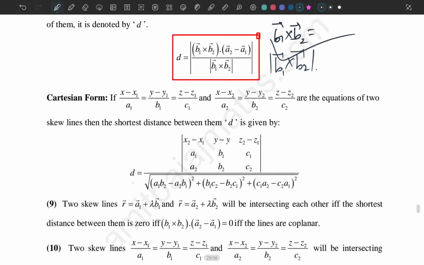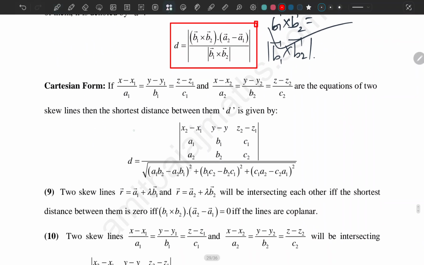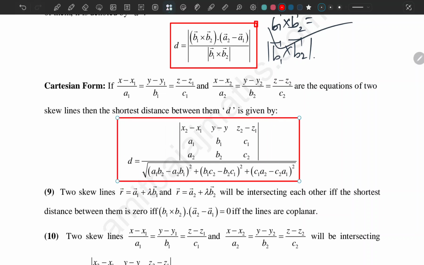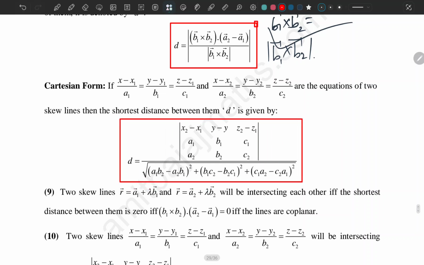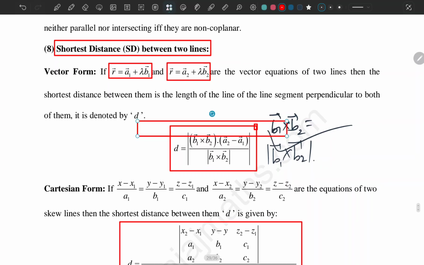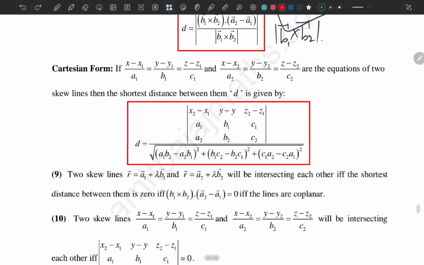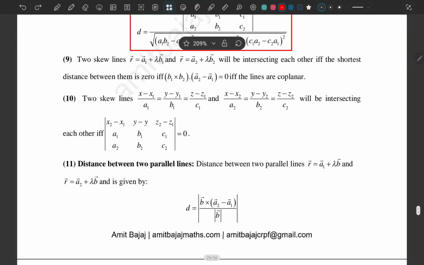Okay, so this is the form. If we look closely, this is another form, but this looks very ridiculous, and that's why I would say go with this only. Okay.